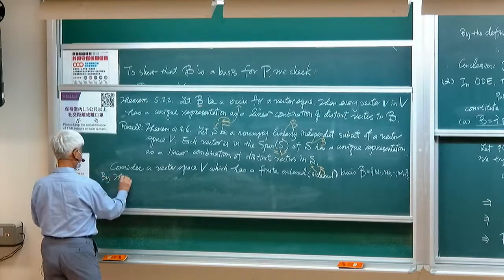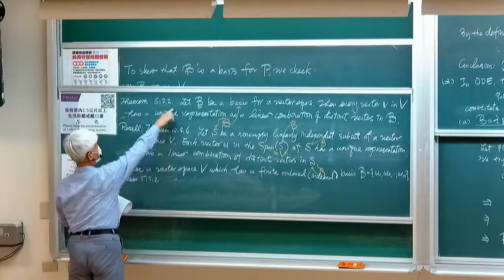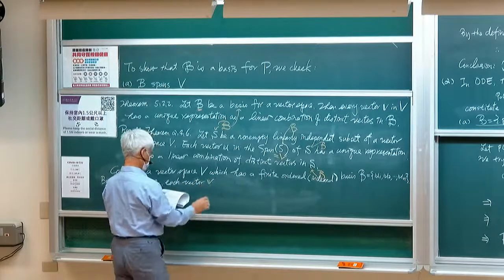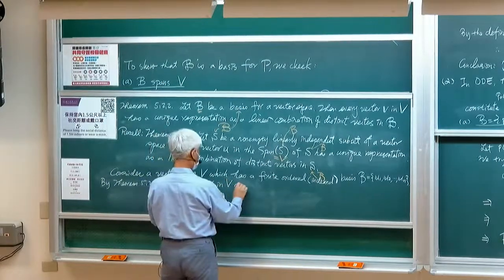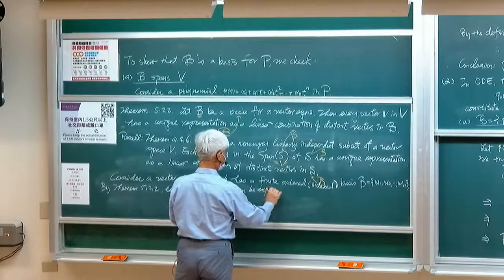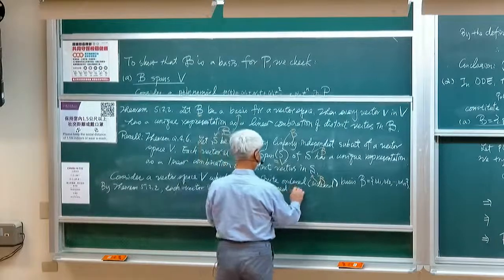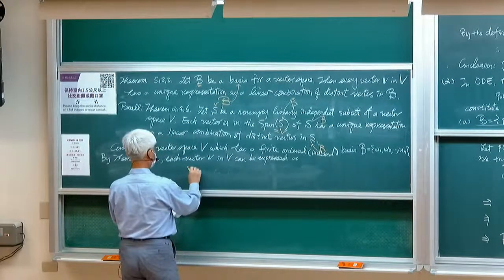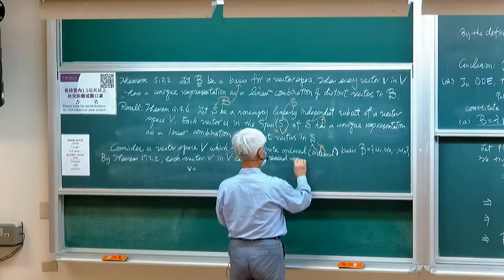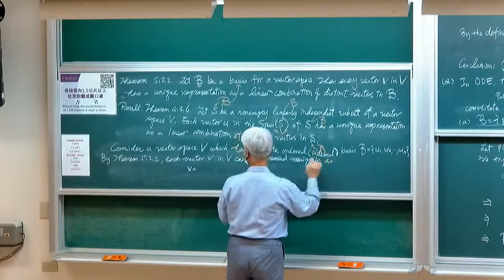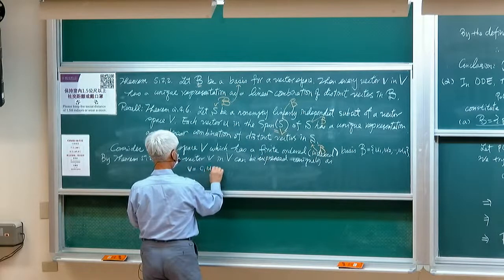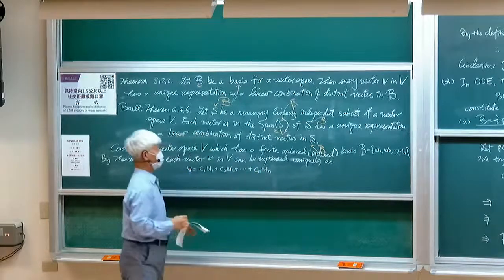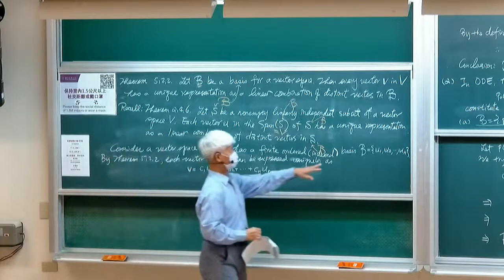Now, by Theorem 5.2.2, each vector in the vector space can be expressed uniquely as a linear combination of vectors.